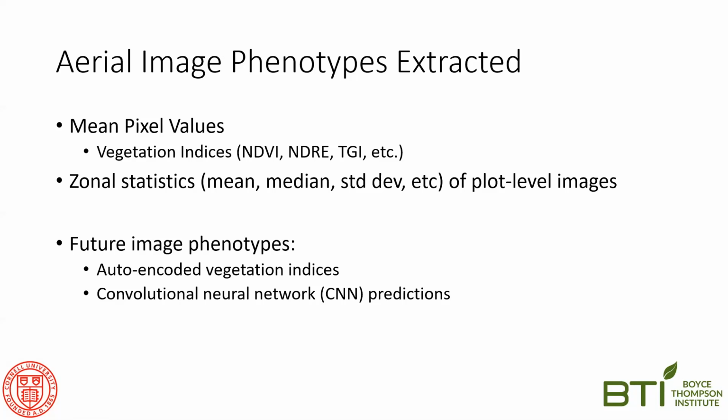But once we have those plot level images, we can look at future phenotypes that I'm interested in, neural networks and whatnot. But currently the only useful phenotype right now is these vegetation indices.